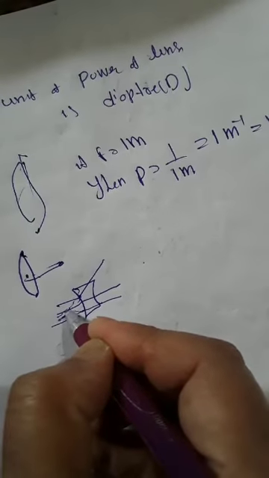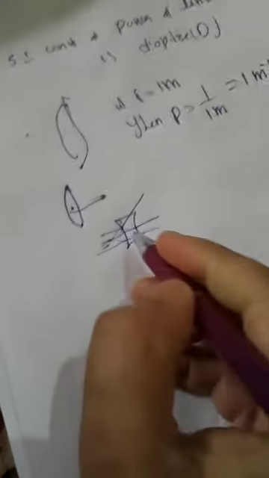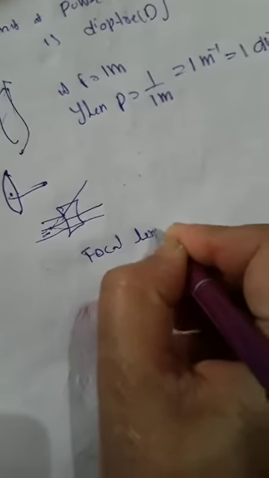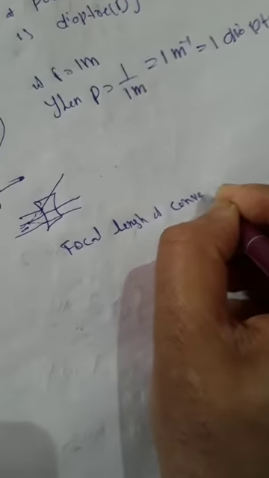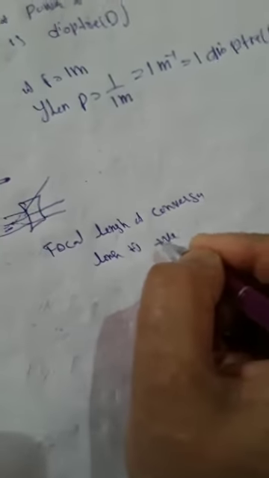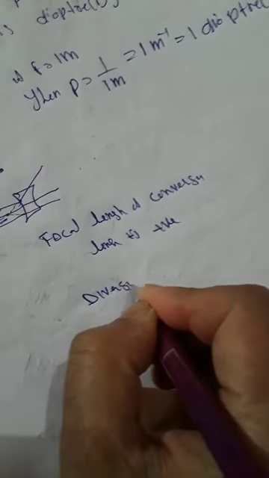That means the focal length of a converging lens is positive, and that of a diverging lens is negative.